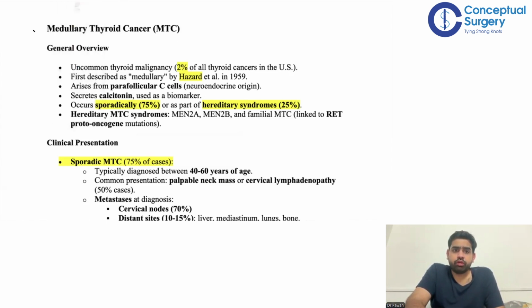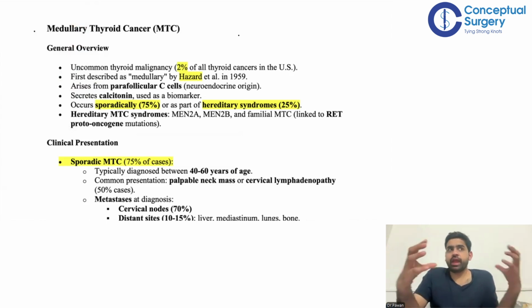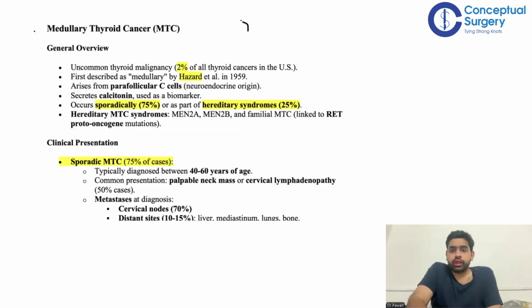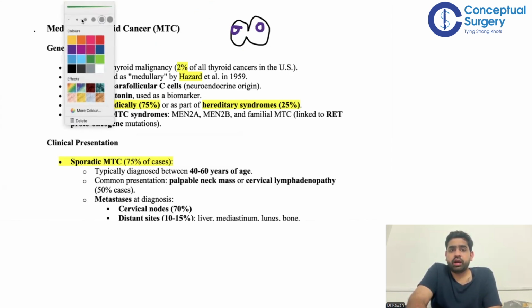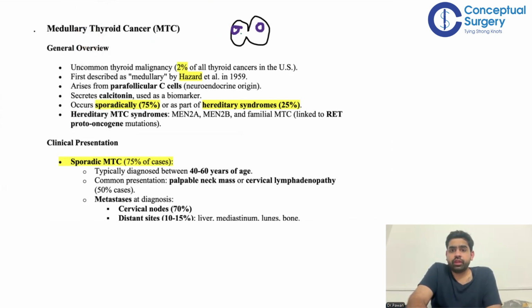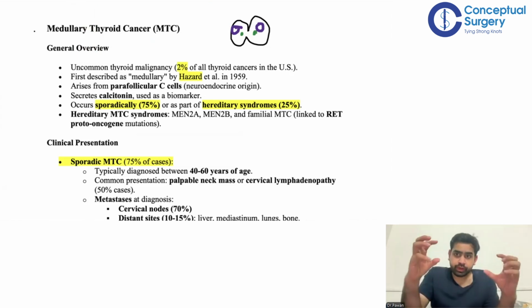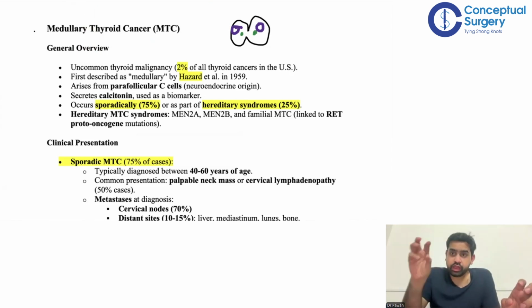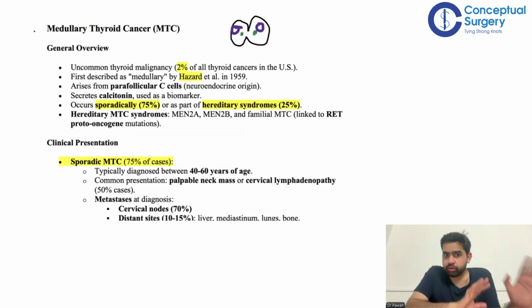I am pretty sure all of you know that in our thyroid gland we have thyroid follicles, and in between these thyroid follicles we have the parafollicular C cells. These parafollicular C cells are the ones from where medullary carcinoma of thyroid originates.